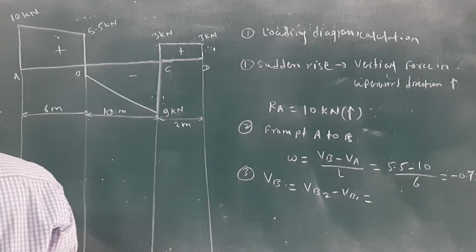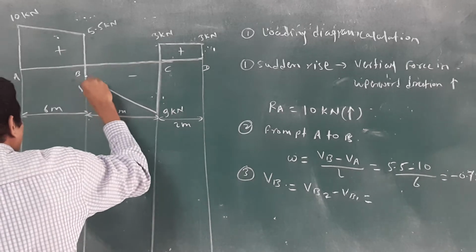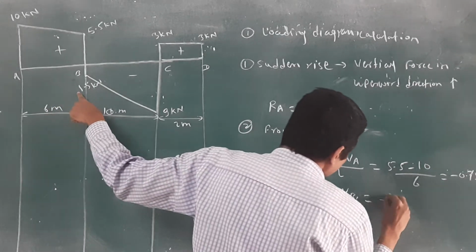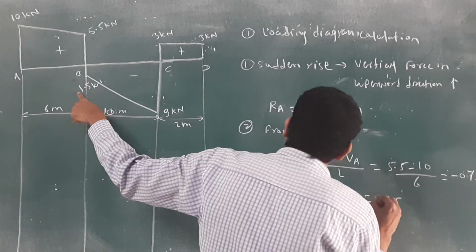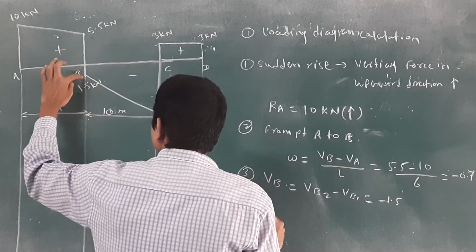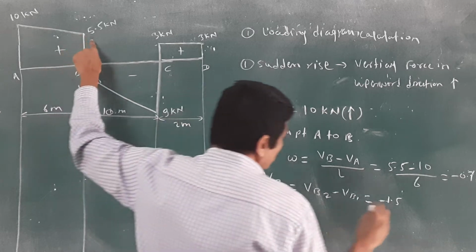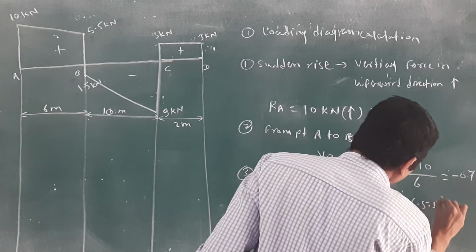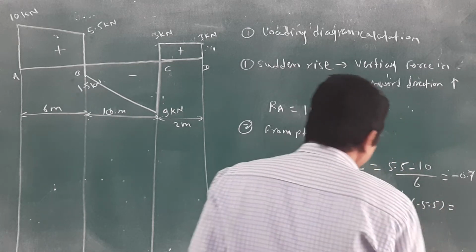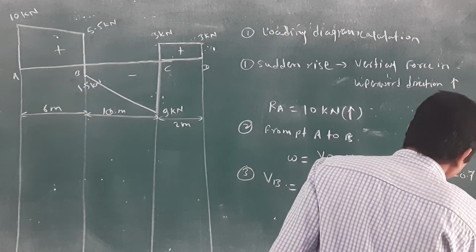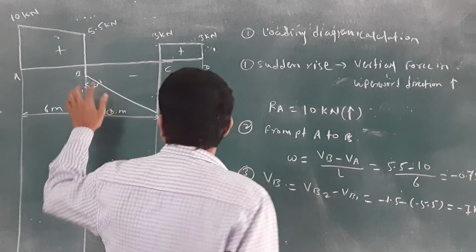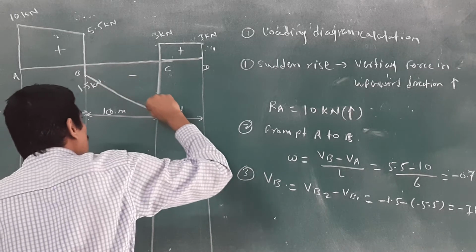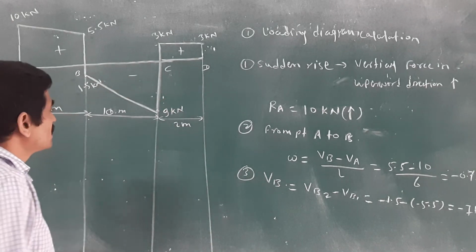What is the value of PB2? This value is given as 1.5 kilonewton, meaning minus 1.5 kilonewton. Why minus? Because this value is below the zero line. Then minus 5.5, and you will get minus 7 kilonewton.